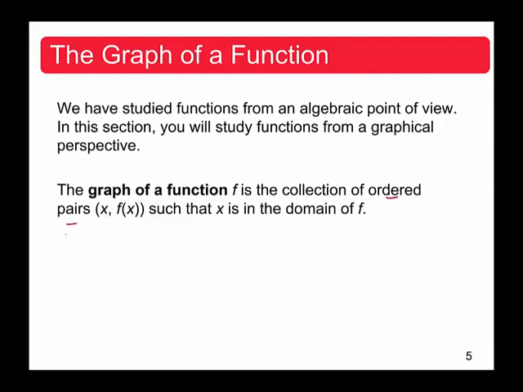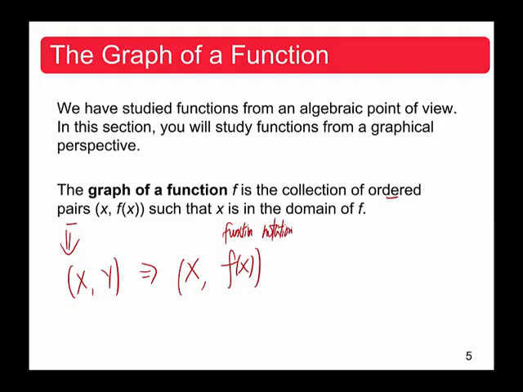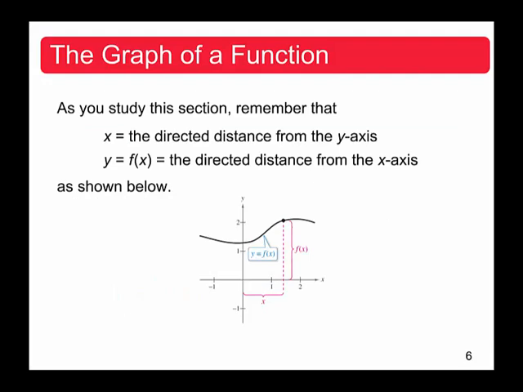An ordered pair comes from x, y, and using function notation, given an x value, the y value will be f of x. As you can see, the x-coordinate is the direct distance from the y-axis to the point, and then if you transform that to become the horizontal axis right here.